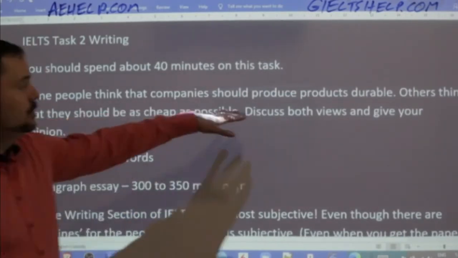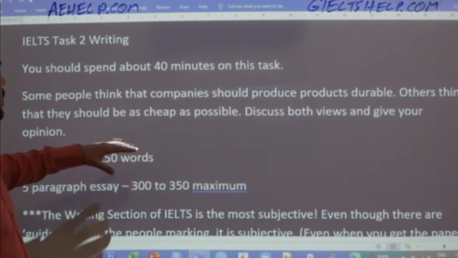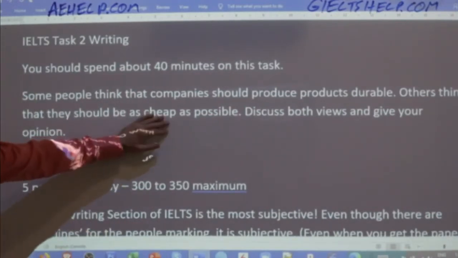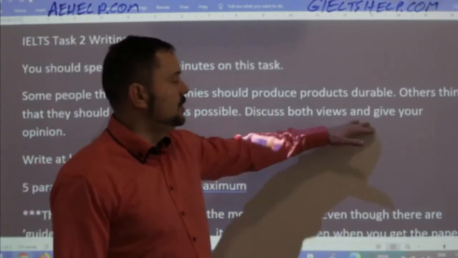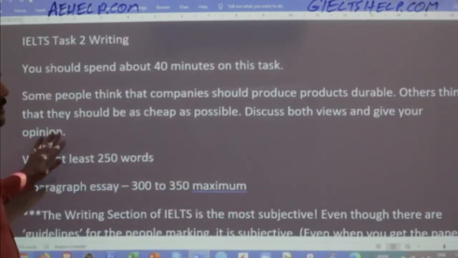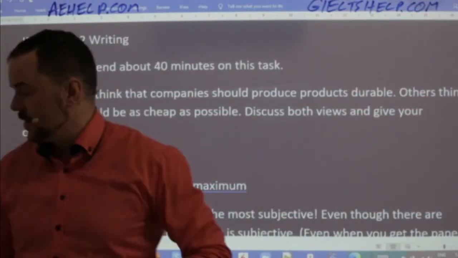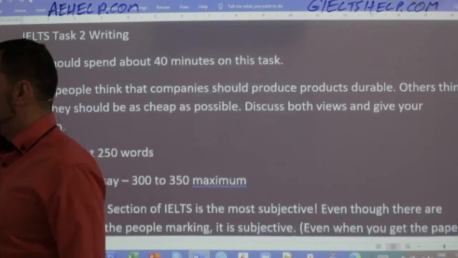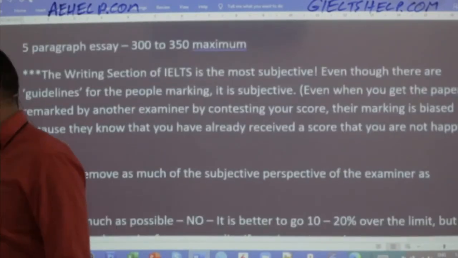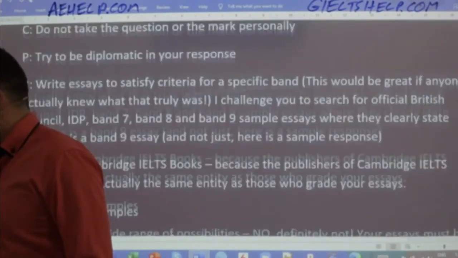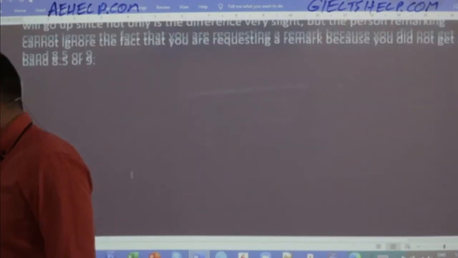Companies should produce durable products or products as cheap as possible. Discuss both views and give your own opinion. Okay, so the first step, of course, is to paraphrase the question.